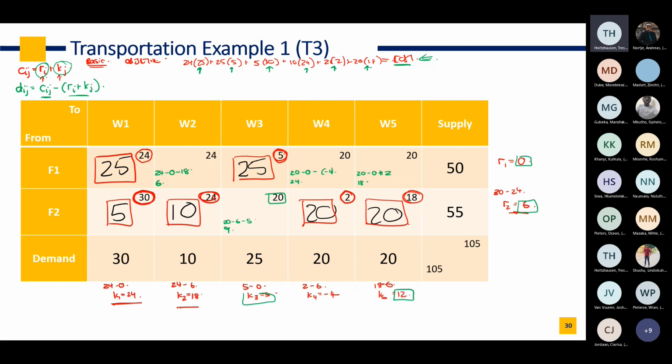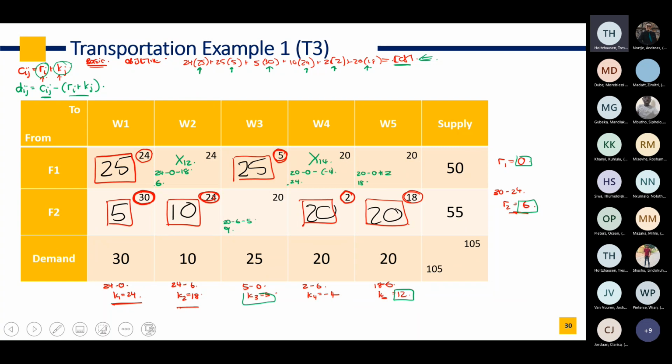Because remember what this Dij is saying: if you increase your unit over here, your x12, by 1, it will increase the objective function by 6. And if you increase your x14 to 1, it will increase your objective function by 24. So in this situation, we are solid, we're at the optimal. We can actually stop at this moment in time.